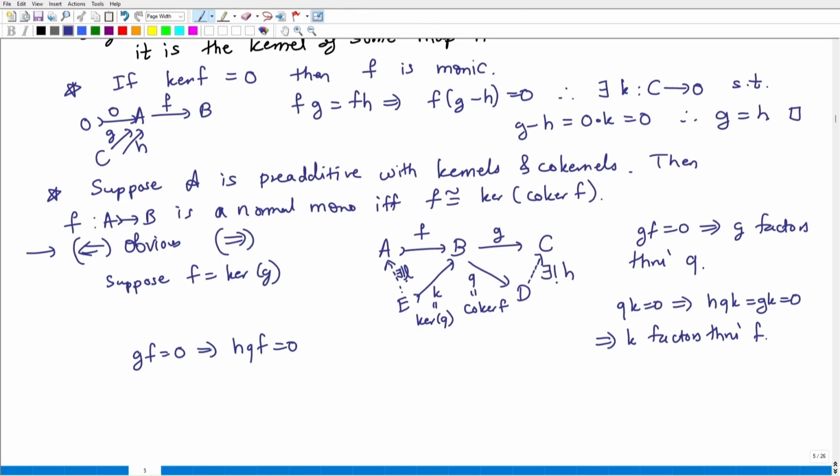Very good. You don't need this. QF is equal to 0 since Q is the co-kernel of F, and therefore F must factor through the kernel of Q, which is equal to K. So therefore there exists a map here, let's call it M. Now L and M are two morphisms, you can take their compositions, but F and K are both monos.